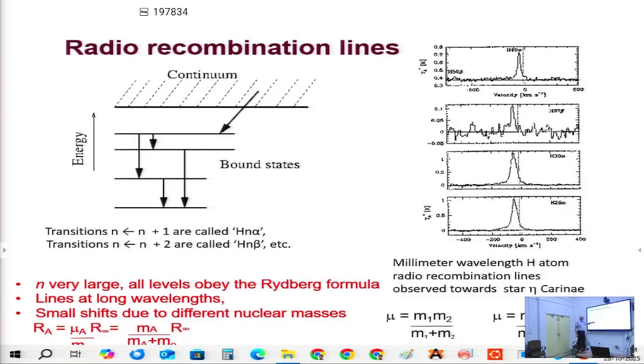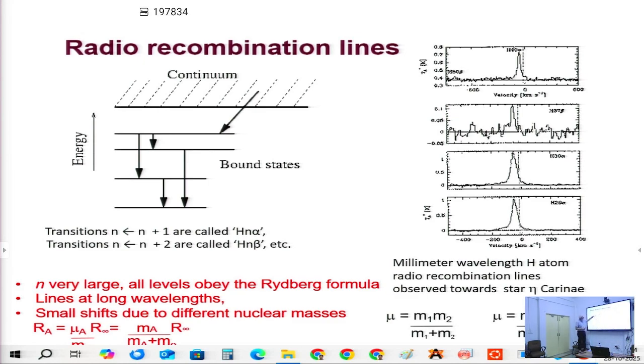But the transitions n plus 1 to n are called Hn, and that's a bit unfortunate because H is also used for the Balmer series. So Hn alpha is this. n is normally a number here, so that would be H30 alpha, whereas the Balmer series is normally just H alpha. So it's not quite the same, and it's still potentially rather confusing.